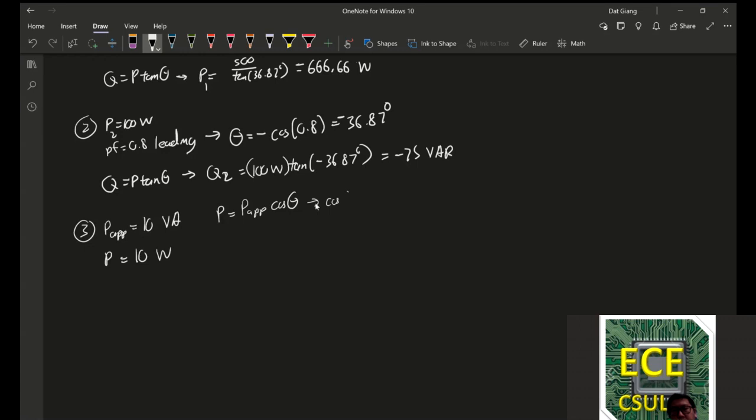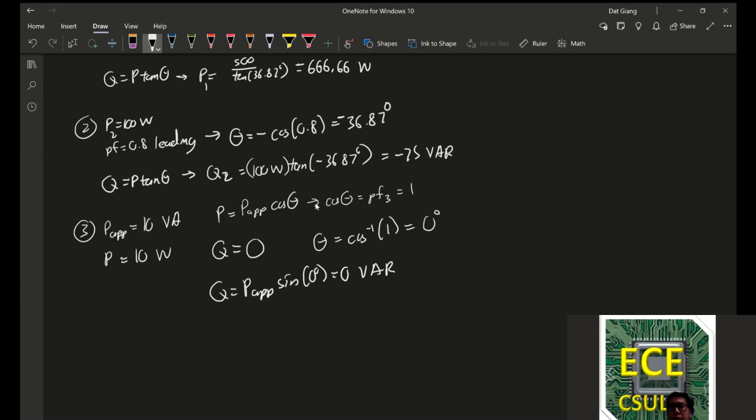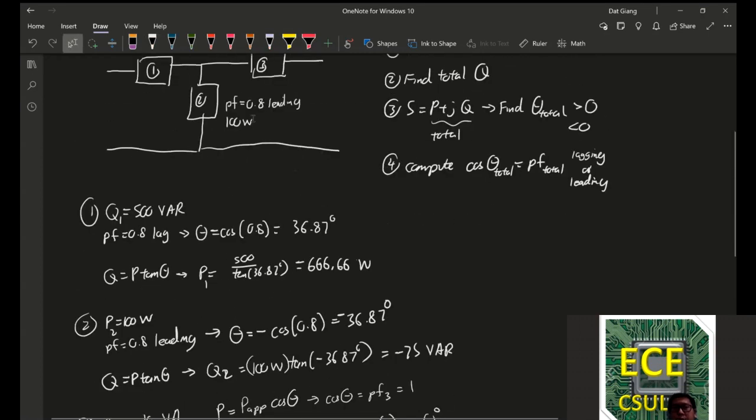We get a power factor of 1 because of this relationship. That actually tells us right away that Q is going to be 0. Because if we take the angle of this, it is 0 degrees. And that means that if we plug it into here, Q is equal to apparent power times sine of 0 degrees. This just becomes 0 var. So this system is probably the perfect one.